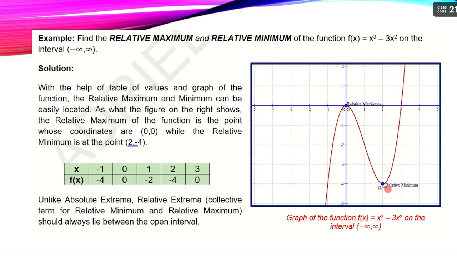And we can say that this minimum is not absolute because if you look at the graph, there are some points here that provide a minimum value less than negative 4. But we can consider them as relative minimum.